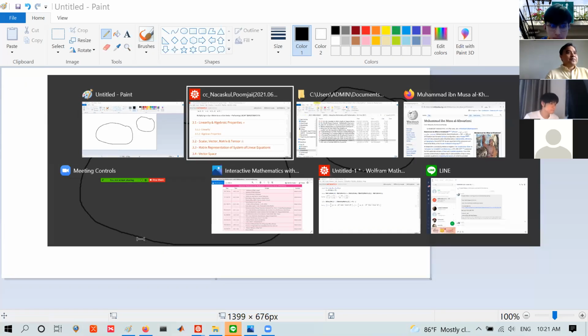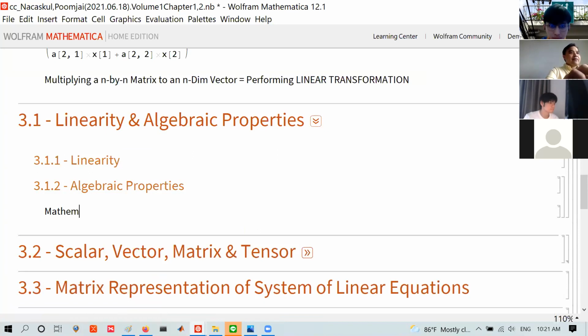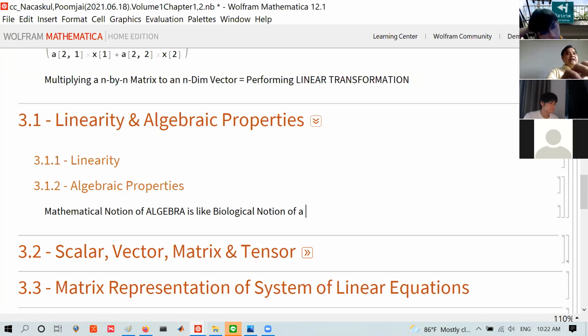Let me write this down: the mathematical notion of algebra is like the biological notion of a species. What do I mean by that?